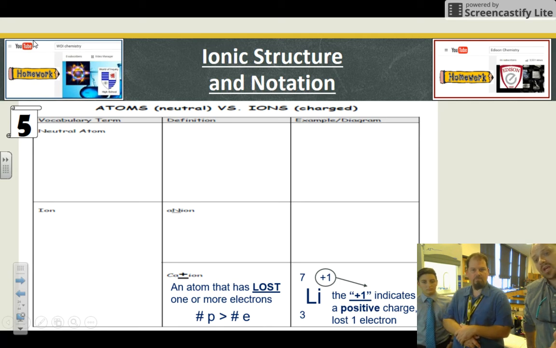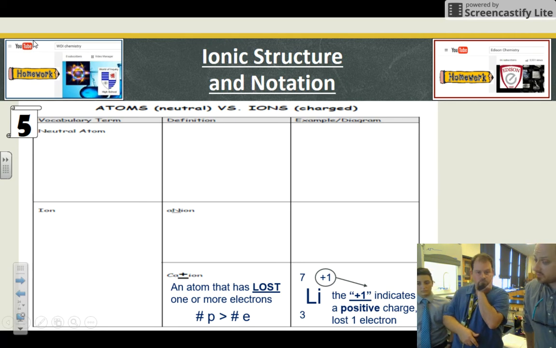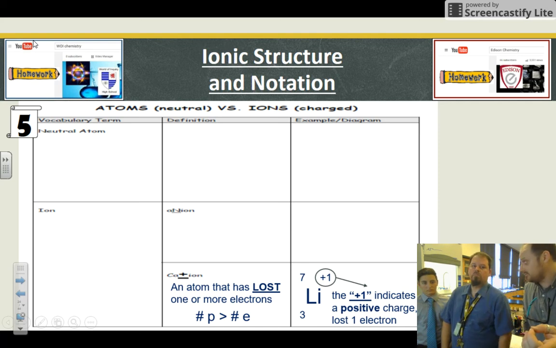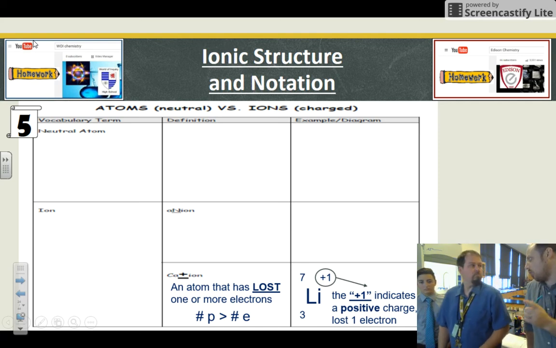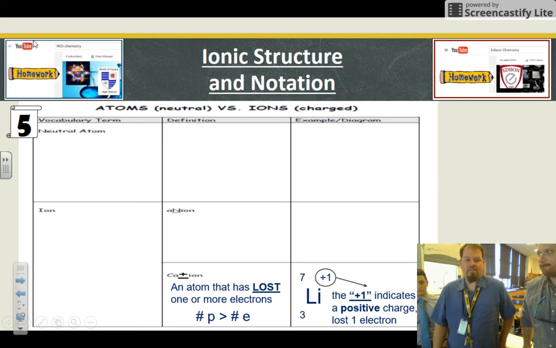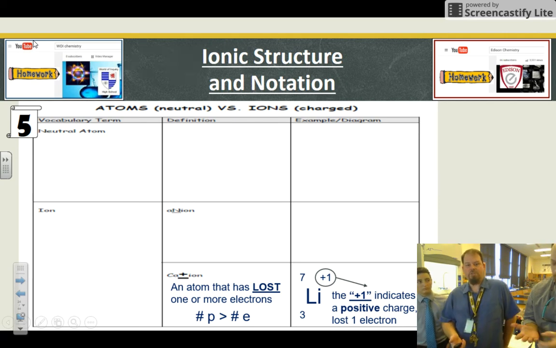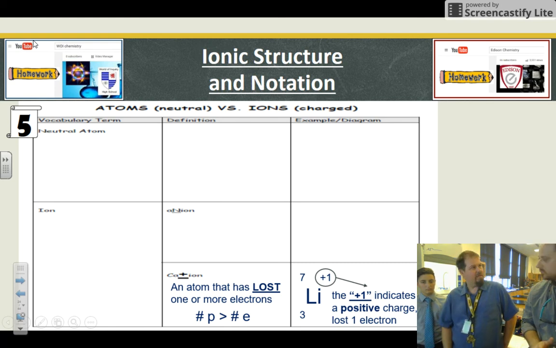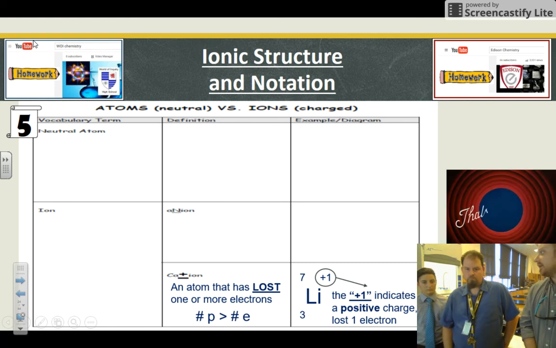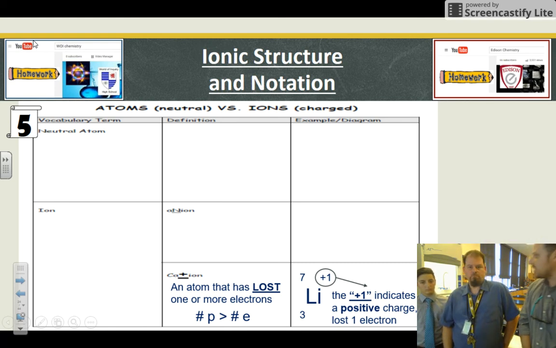And that means I know I've got 2 electrons in this particular example, because there are 3 protons from the atomic number. I should have 3 electrons, but it's lost 1, so I must have 1 more proton, technically. I like to think of it as: if I have a +1 charge, well, who's positive? Protons, so that means I have 1 more proton than electron. And since the protons never change, you can figure out the electrons too.